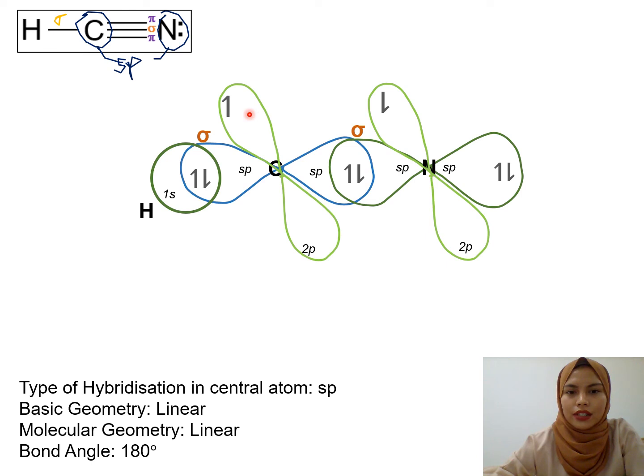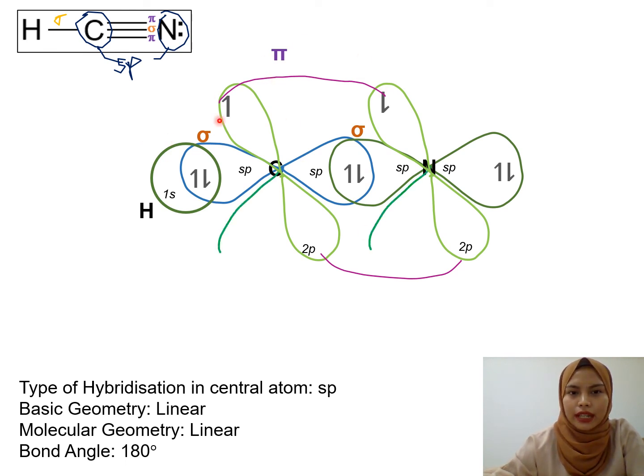Okay, since I nak show mereka ni overlap side to side to show that pi overlap kan. So I kenalah connectkan between these dua p orbitals with this bridge, to show that mereka overlap side to side. And also I need to show dorang share the electron by drawing satu elektron ke atas, satu elektron kat bawah, and then I will label this overlap as pi overlap.